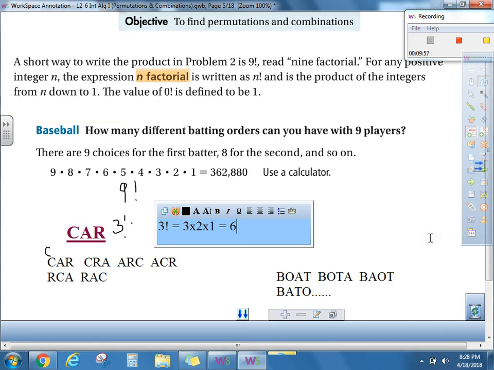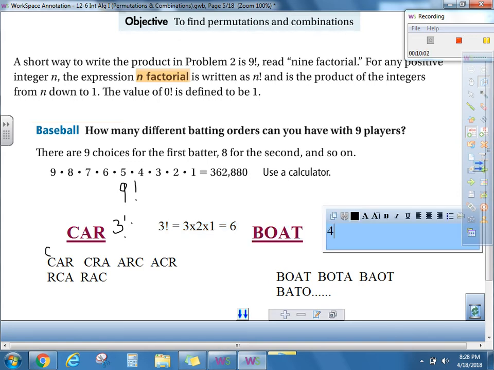We could do the same thing here for the word boat. We'd have 4 factorial, which is 4 times 3 times 2 times 1, which is 24 different combinations that would take significantly longer than trying to find only 6.